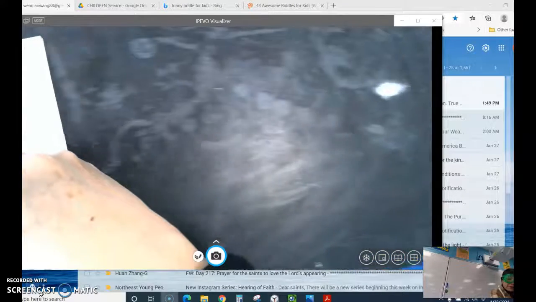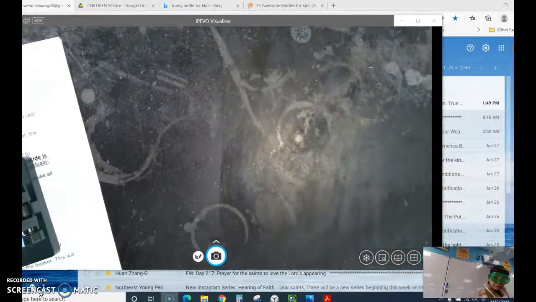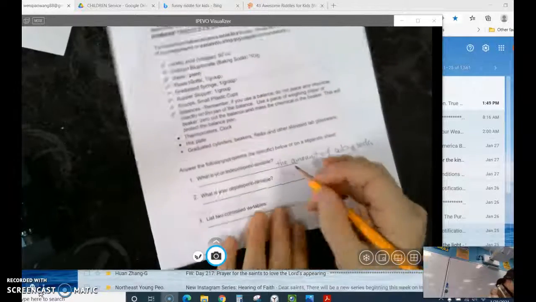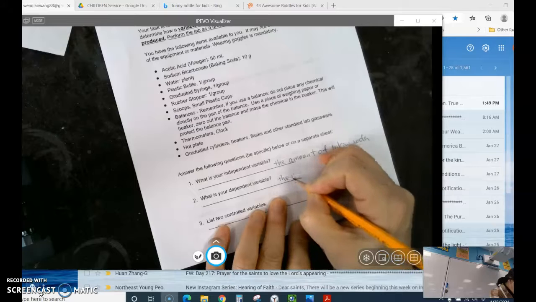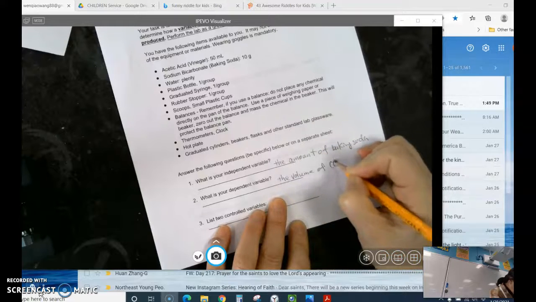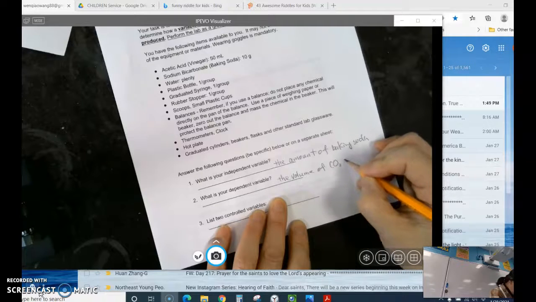Okay. And then the goal is our dependent variable. So look at my paper. Dependent variable would be the volume of carbon dioxide, when you write capital C, capital O, subscript 2. The volume of CO2 produced.